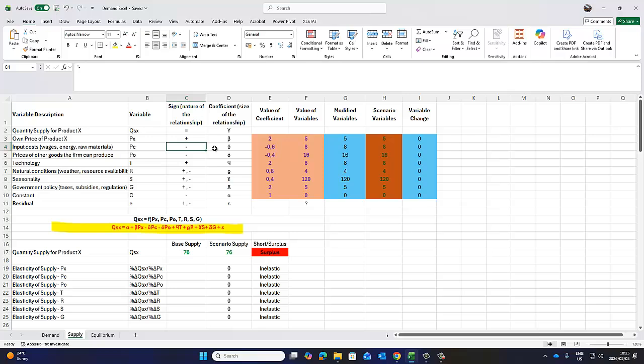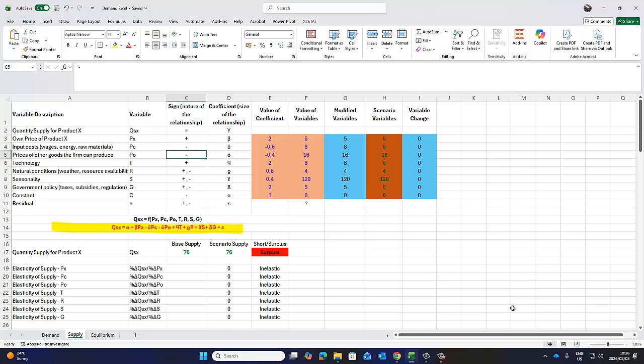Okay, so own price is a positive sign. Think about it. The higher the price, the more you'll supply. Why? Because the more money you make. Logic. Input cost would be exactly the opposite. As the cost of production increases, you'll produce less. You'll supply less. So that's a negative sign.